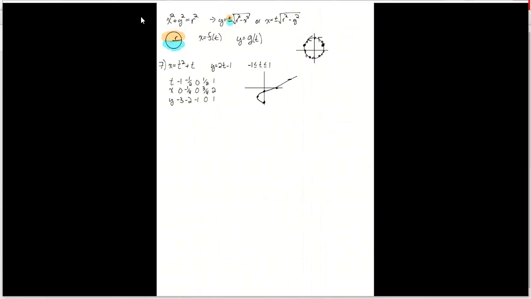I shouldn't really draw an arrow there because we stop at 1. It's also worth noting that it moves in this direction. So you can put little arrows there to indicate which direction this point is moving. If you like to think about it as a particle, that's perfectly fine. As this particle is moving, you can denote it with these arrows.